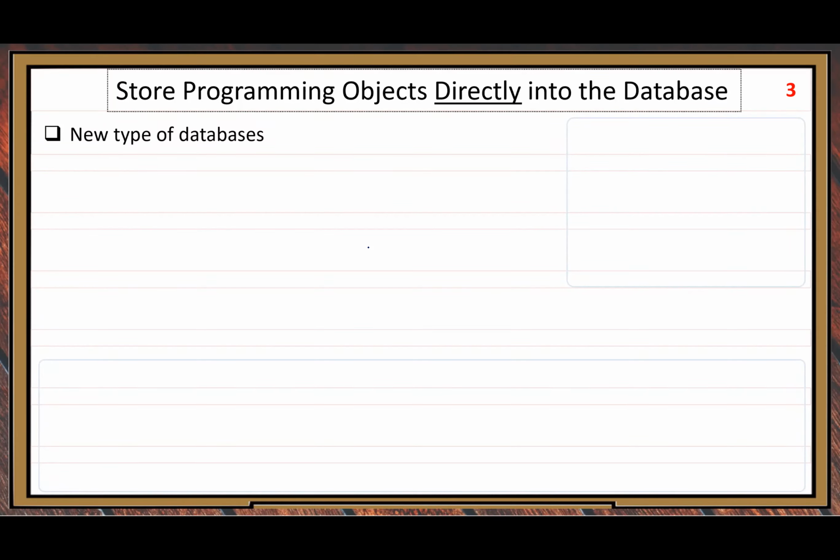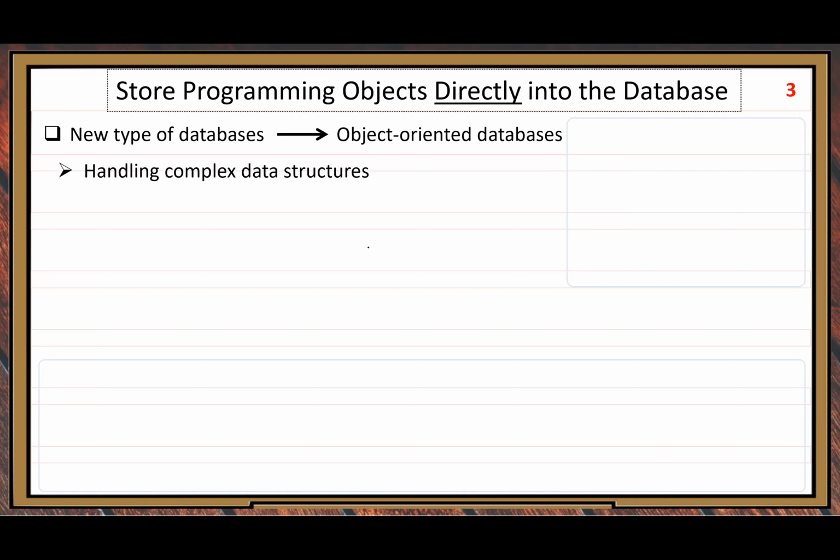This is a new type of database, completely different from our traditional databases. Or we can treat it as a special type of traditional database. Object-oriented databases. The main idea for this type is handling complex data structures.